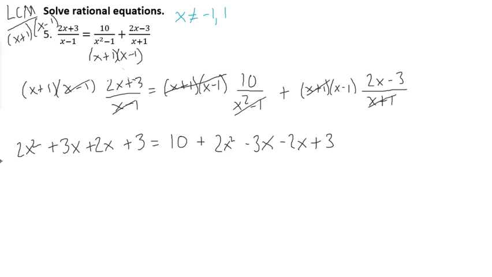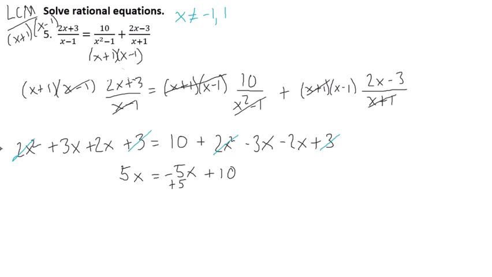So if I subtract 2x squared from both sides, that cancels out. If I subtract 3 from both sides, that cancels out. And so now I'm going to simplify. I have 5x on the left and negative 5x plus 10 on the right.